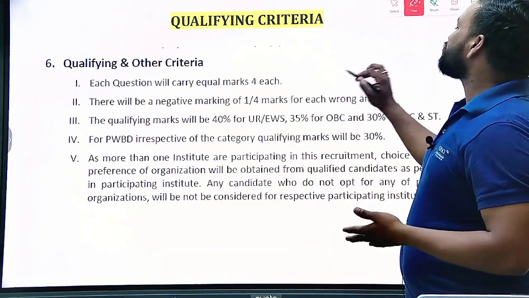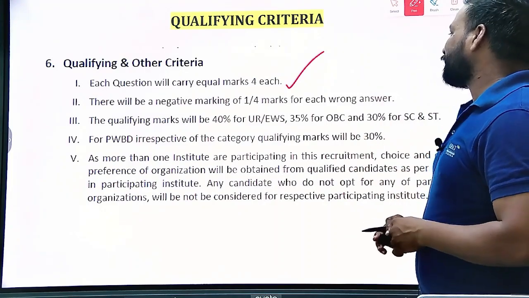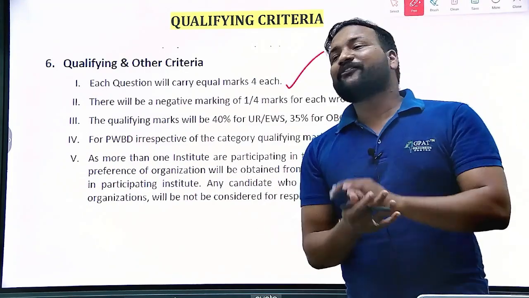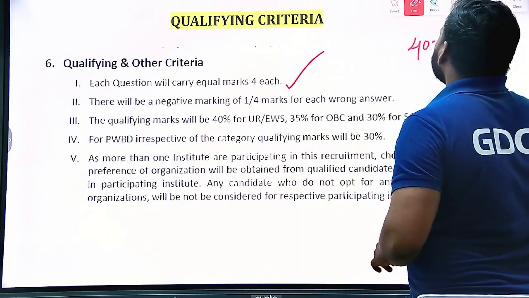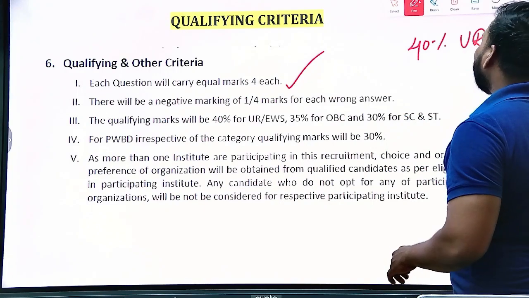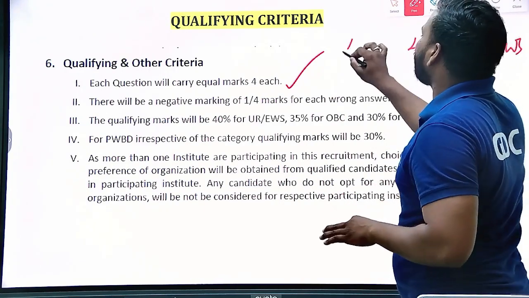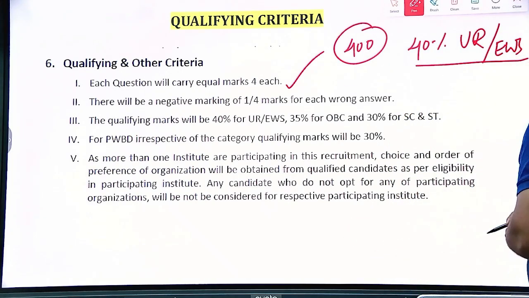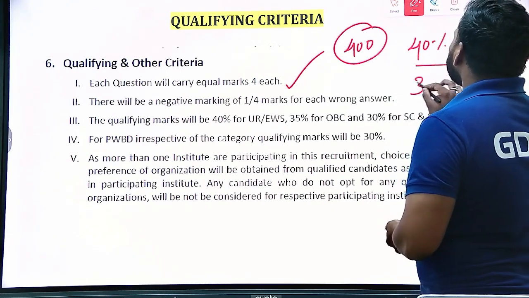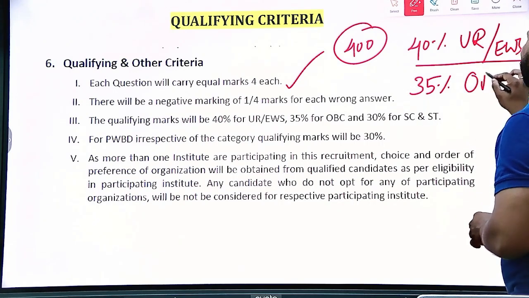We know that each question carries 4 marks, but there is a 1/4 negative marking for a wrong answer. For general unreserved candidates and EWS, if you get 40% of marks out of 400, then you will be qualified. 40% for UR and EWS categories, whereas 35% for OBC candidates.